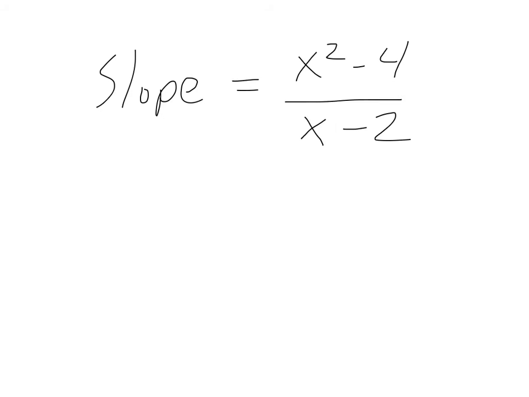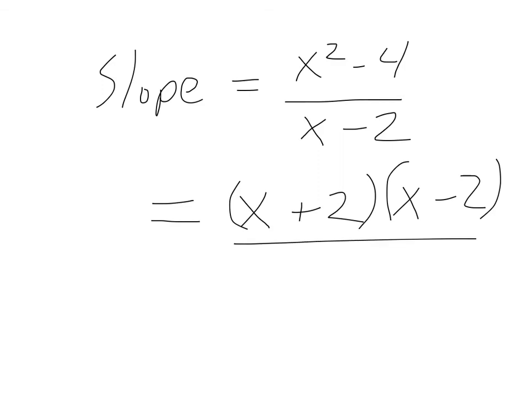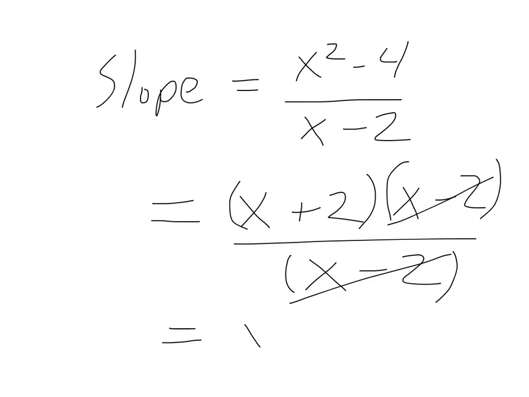Now notice the top half of the equation, you can factor it. x squared minus 4 is the same as x plus 2 times x minus 2, right? And notice what happens if you factor the top. Look what happens. You can cancel out those factors. And if you factor and cancel the top, you get that the slope really equals x plus 2.